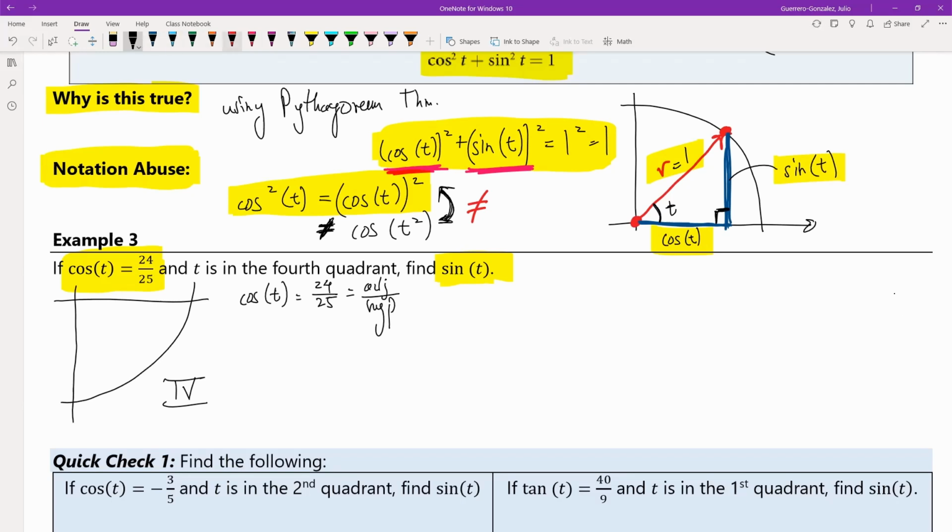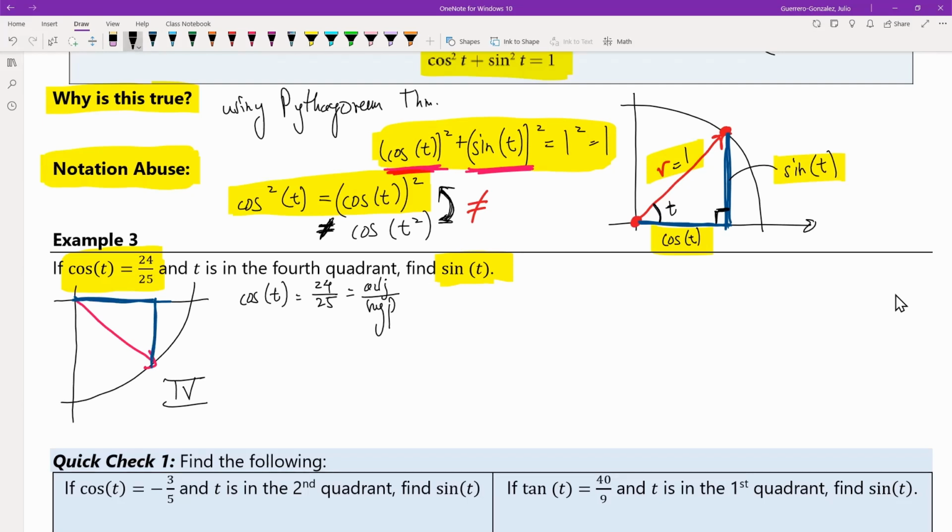I'm going to call this my angle T, and draw out the triangle really quick. There we go.